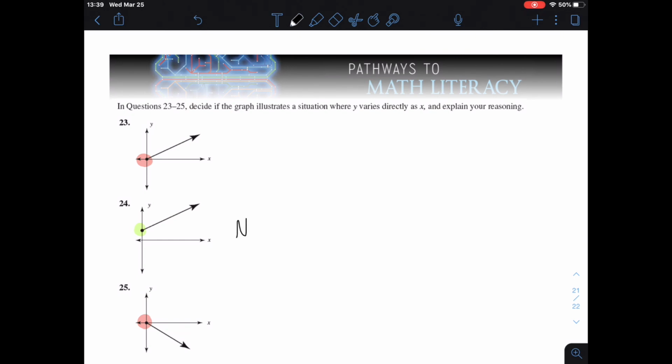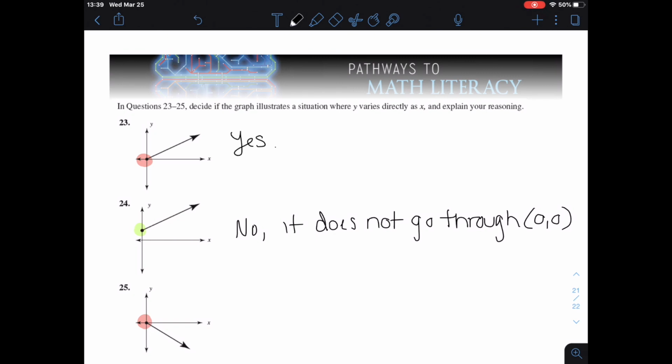So in this specific one, no, it's not an example of where y varies directly as x, because it does not go through 0, 0. Okay. But in both of these cases, 23 and 25, yes, they are direct variations. It goes through 0, 0, and is a straight line.